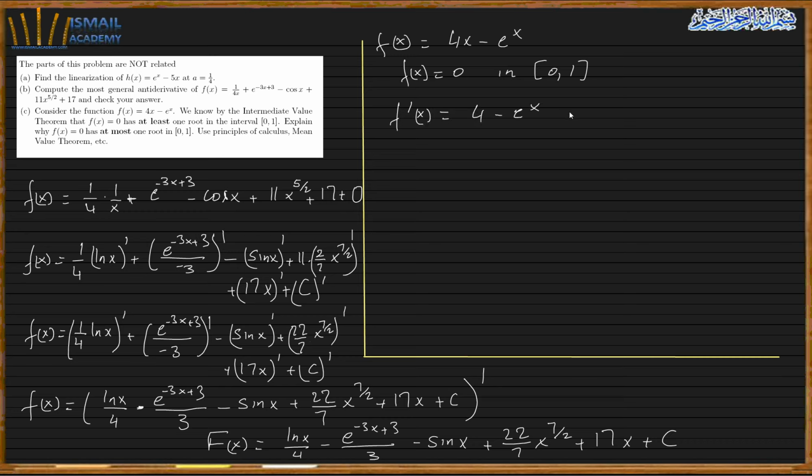Now I'm going to find where the behavior of f changes, so I make f prime equal 0. So I got 4 minus e to the x equals 0, which means e to the x equals 4, x equals ln of 4. So on my number line, this is my 0, this is 1, and ln of 4 is here.